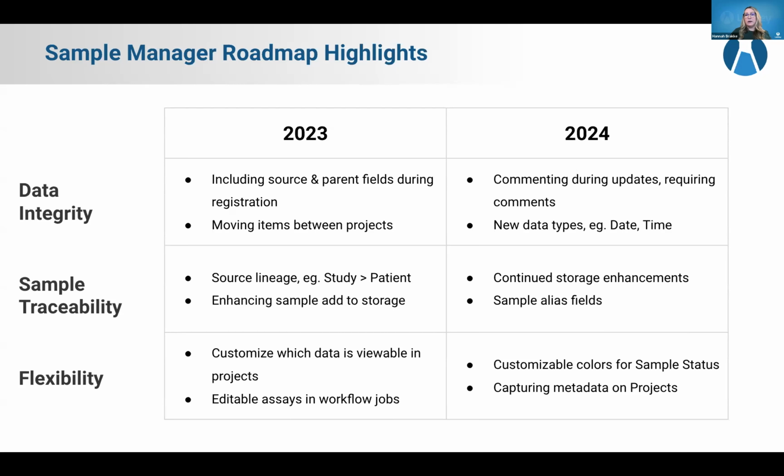So our plans here include adding a sample alias option for that easier sample identification as well. And another thing directly from your suggestions, we're going to be adding customizable colors for our sample statuses, and also the ability to add custom fields on projects, furthering that flexibility and customization of the product for each lab.